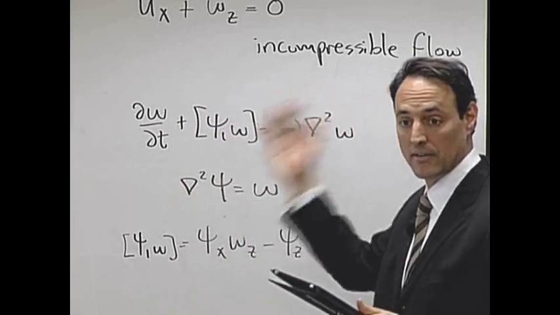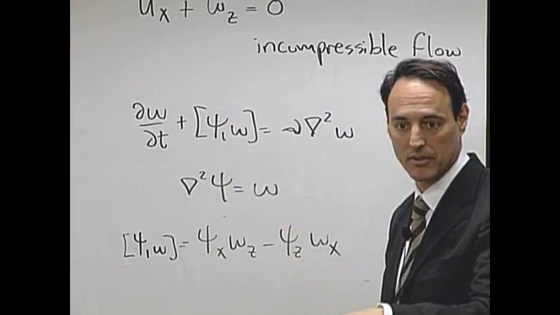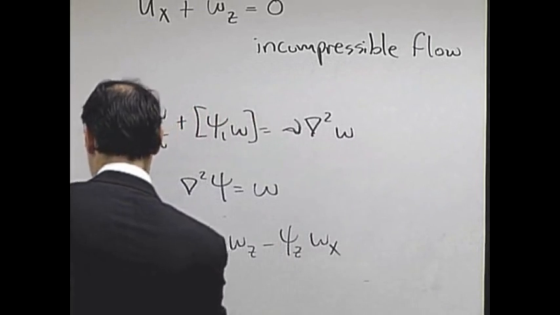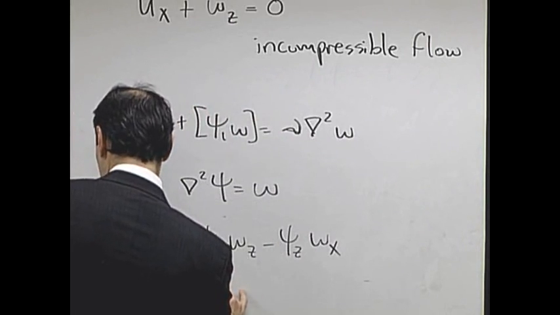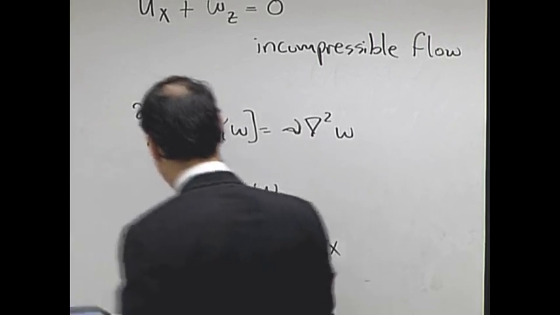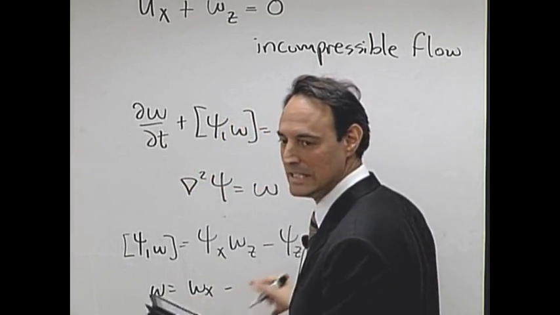So it's this xz plane versus our xy plane, which we had previously. Not such a big deal, really. And the omega we're looking at here is not to be confused with w, which looks the same.